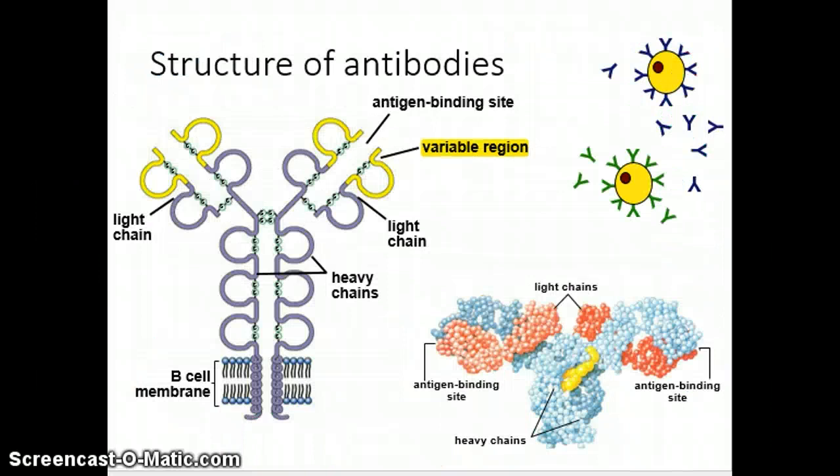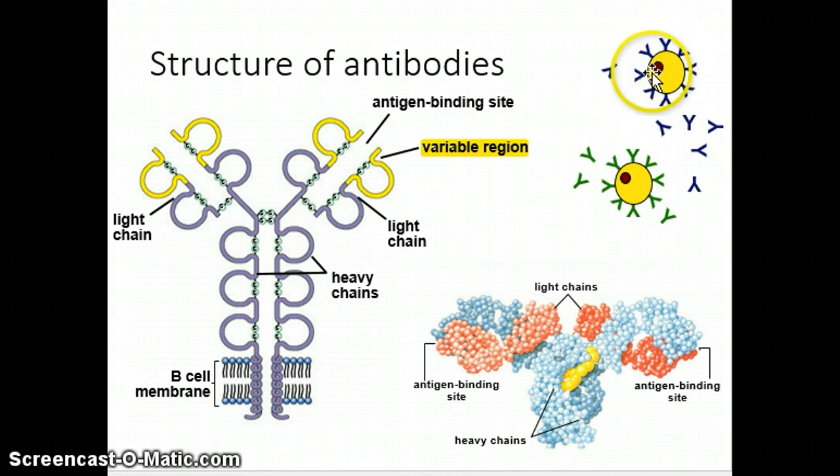Here's a close-up structure of the antibody, and you can see this Y shape. The variable region is this very top portion here, and this is called the light chain portion of an antibody. And then the bottom portion is called the heavy chain. These antibodies are embedded in the cell membrane of a B cell, and they also can be found floating freely.